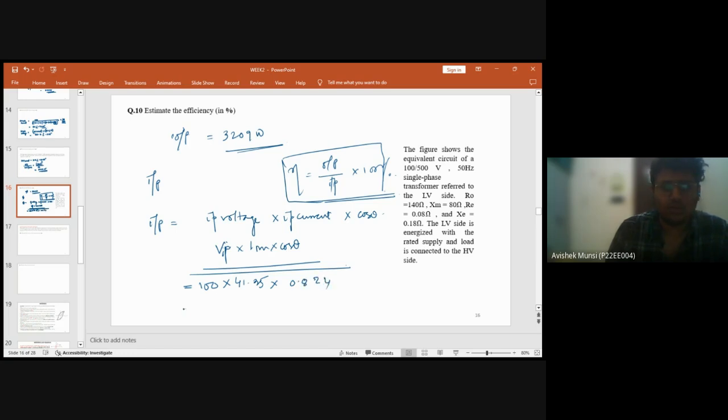If we multiply it, it will be around 3409.638 watt. Now we have to calculate the efficiency. So it will be 3209 by 3409 point something. If you calculate it, it will be around 94%. Right.